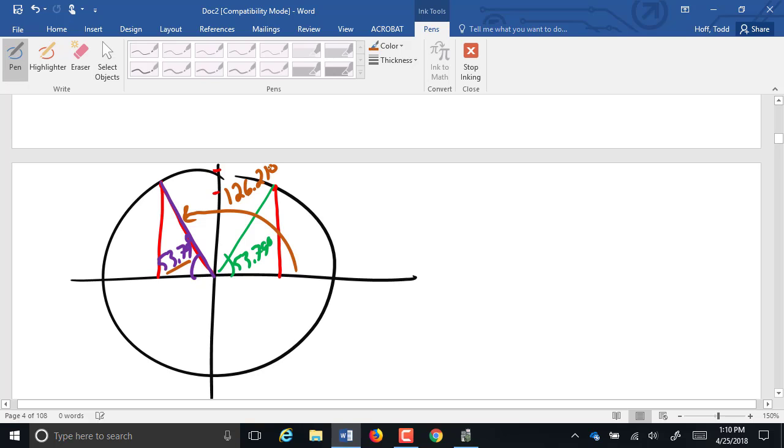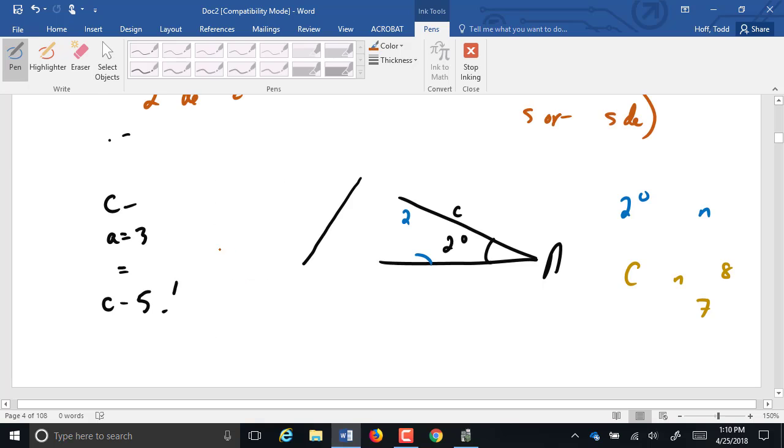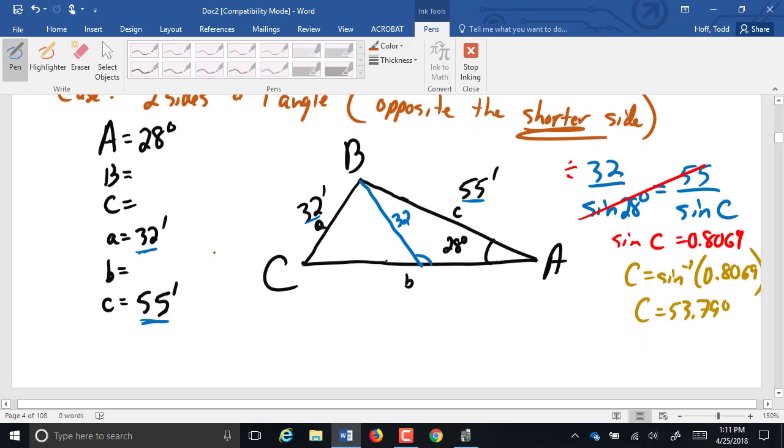We have no idea which one of those angles is really angle C here. So we have to have a picture or some information. If we know that angle C is acute, then we know it is the 53.79 degrees. If we're told that it's obtuse, then we know it's the 126.21 degrees.